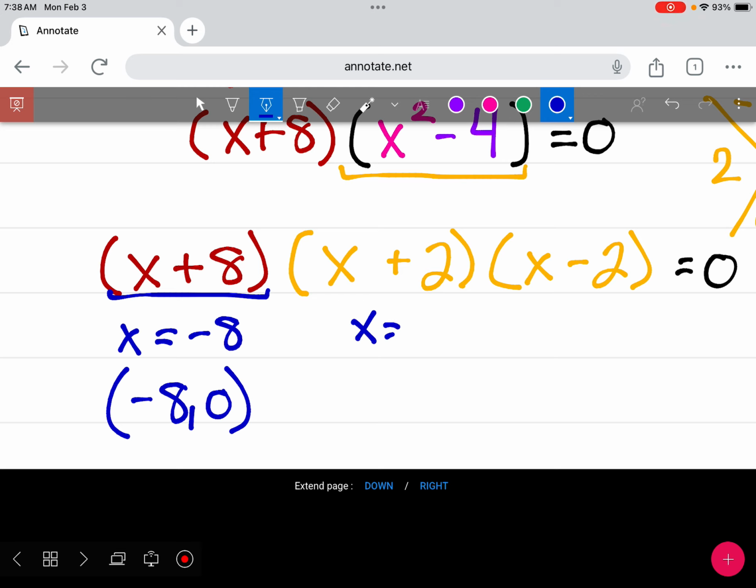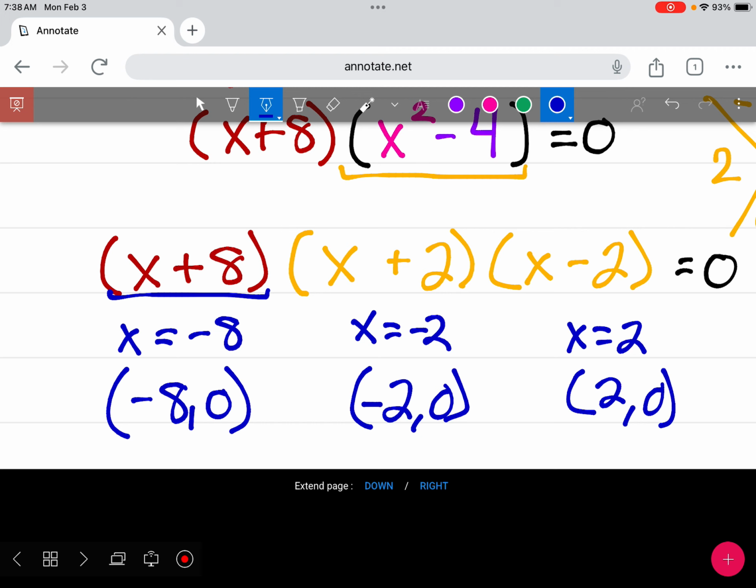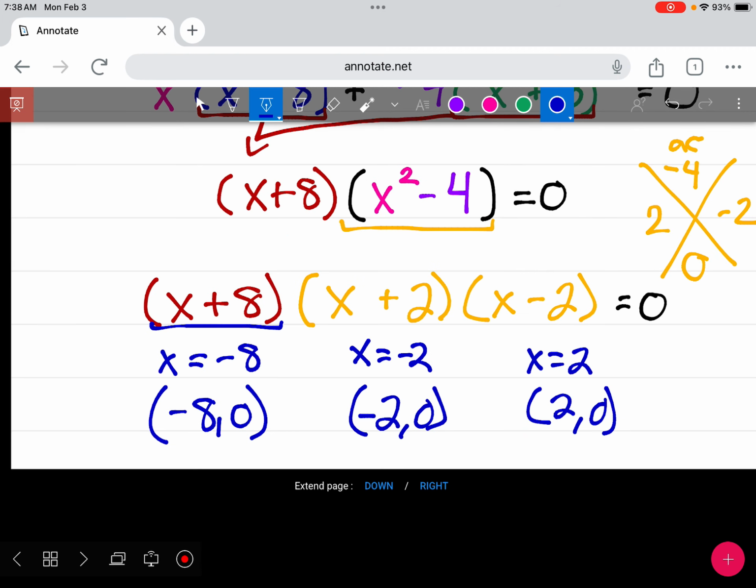This one gives us that x equals negative 2, which again would be the point negative 2, 0. And our x equals positive 2, or the point 2, 0. They're always set up to equal this 0 over here. That's what that's telling us.